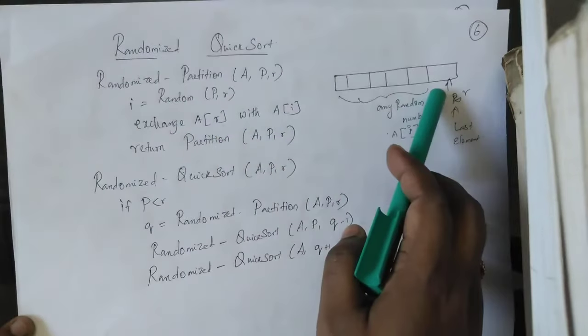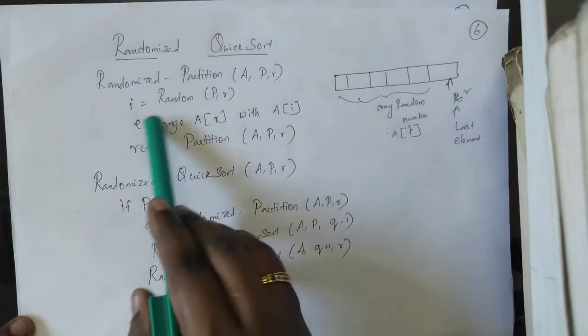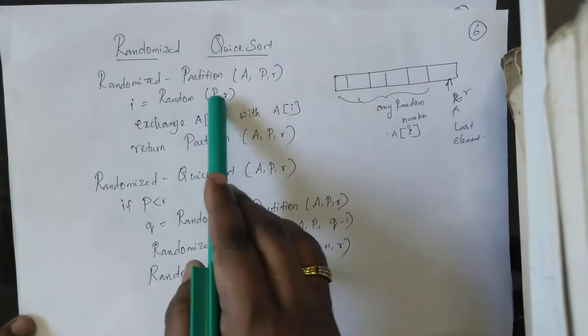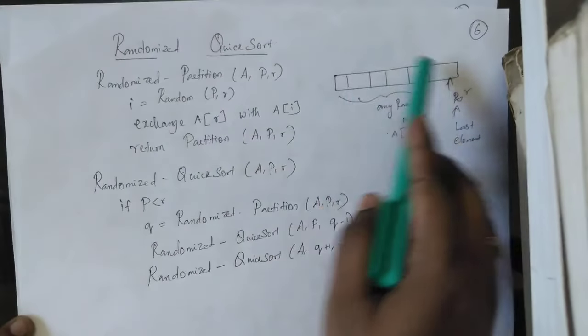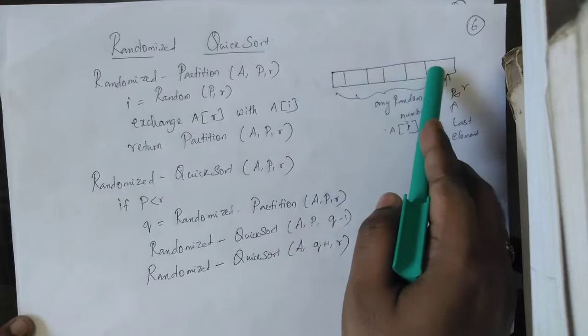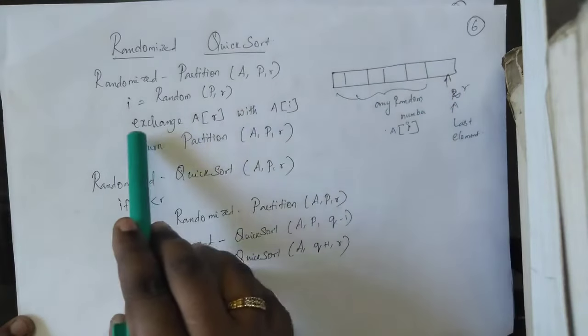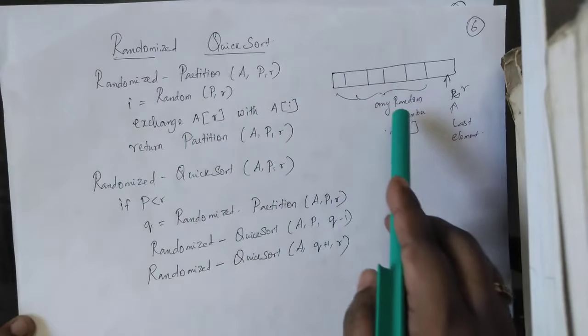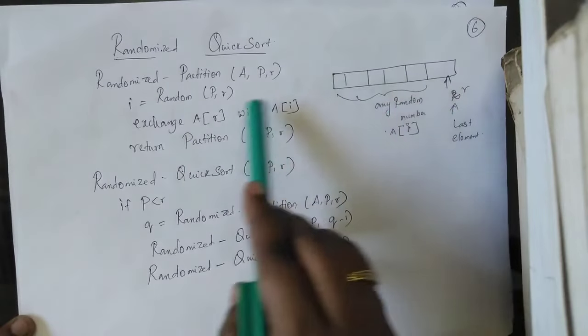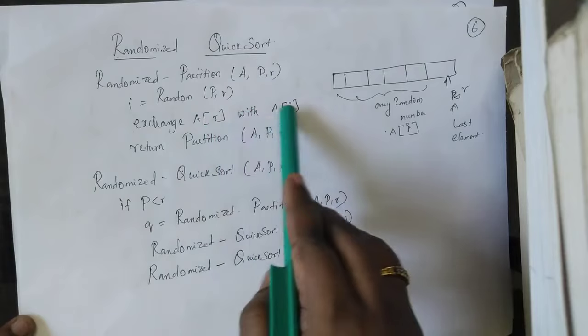It's not always the last element. We are picking any element from P to R, where P is the initial index of the array and R is the last index of the array. So we pick a random index i, and we exchange A of R with A of i.